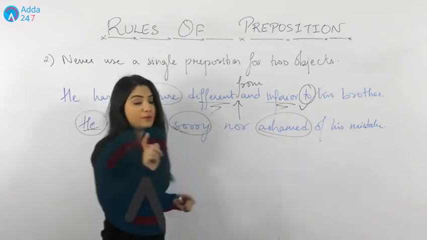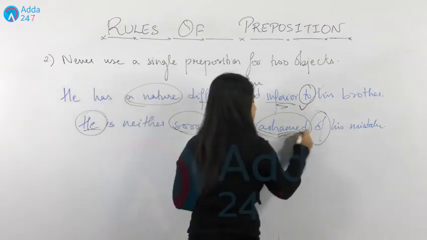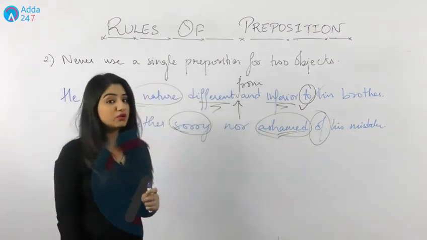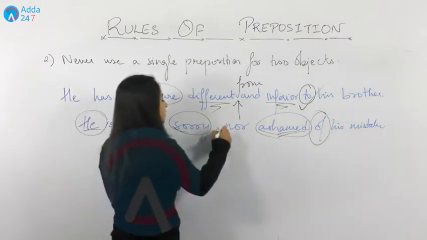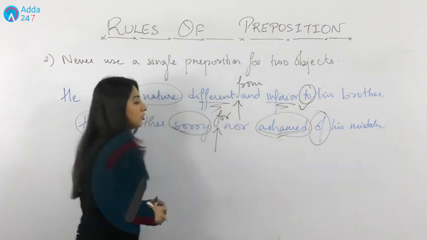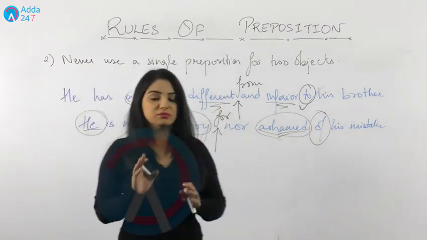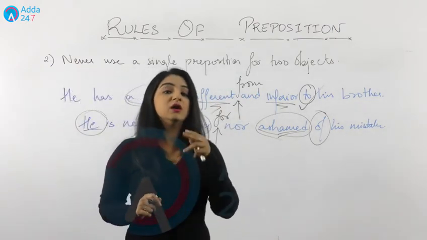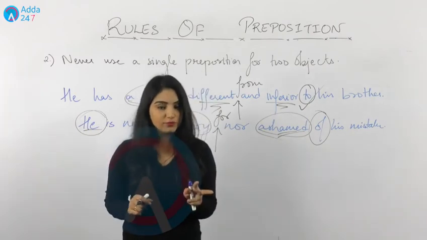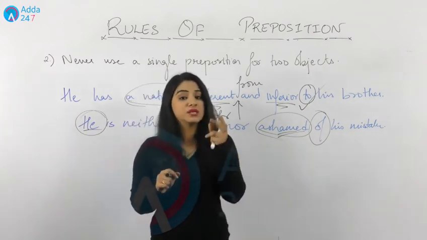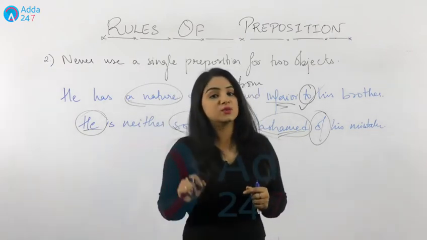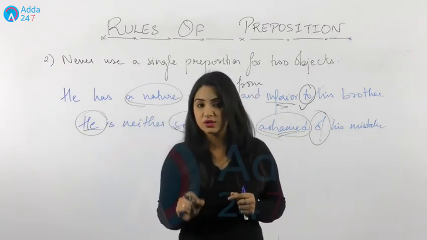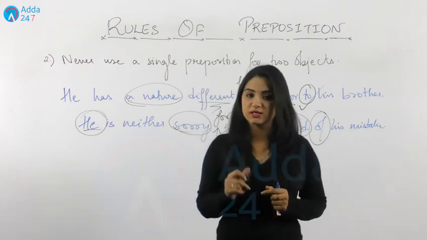The preposition of is placed with ashamed, but we cannot place of with sorry, isn't it? What we write is, he is neither sorry for nor ashamed of his mistake. So if we need two different prepositions for two different objects, we need to place two different prepositions. We cannot make a sentence with a single preposition for two objects.